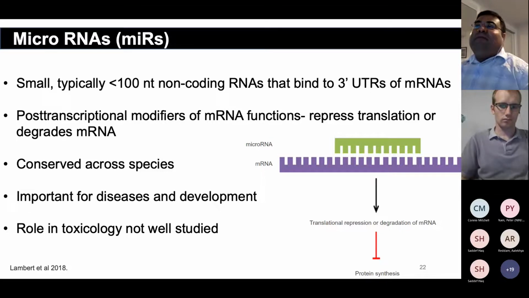MicroRNAs are conserved across species more so than mRNAs, and over the last few decades, they have been shown to be really important for diseases and development. However, their role in toxicology has not been well studied, and the objective of this project was to understand if microRNAs regulate gene expression changes in response to flame retardant exposures.